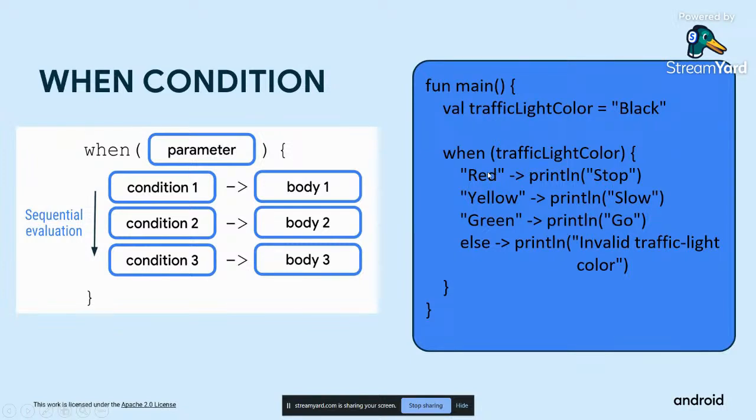Then we check if it is red, print stop. If it is yellow, print slow. If it is green, print go. But it doesn't satisfy any of these conditions, so we have the else block. If none of these conditions is satisfied, whatever is written in the else block will be printed. For this code, invalid traffic light color will be printed.